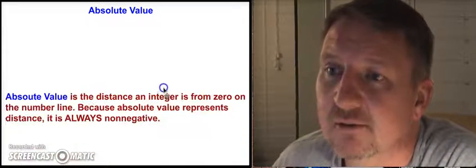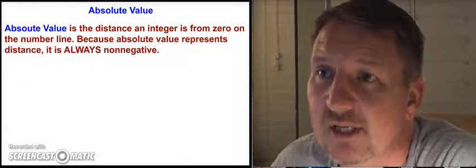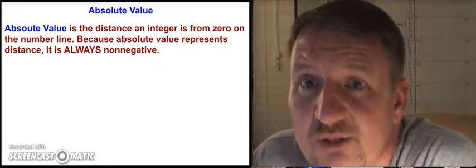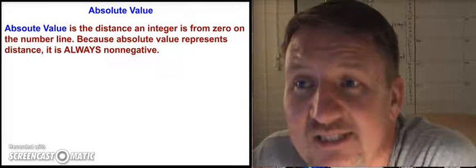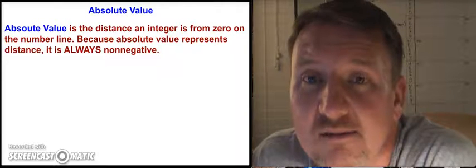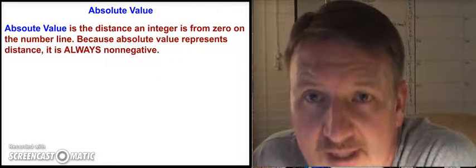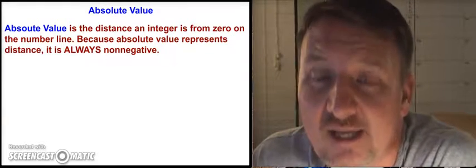Absolute value, we'll go ahead and start with a nice little definition of what absolute value is. Absolute value is the distance an integer is from 0 on the number line. Because absolute value represents distance, it's always, always, always non-negative.